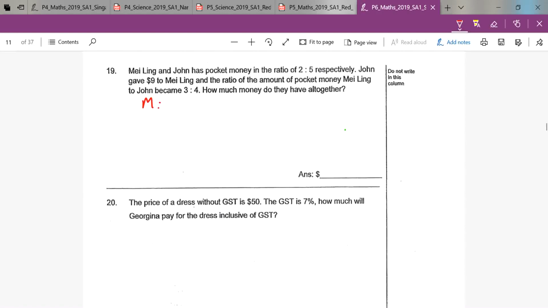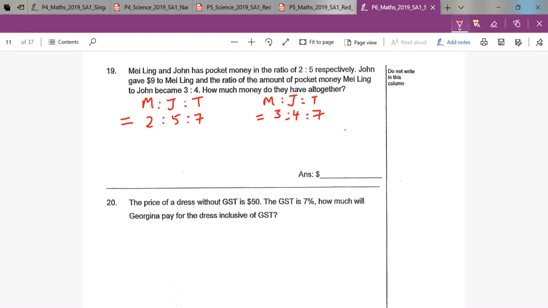Mei Ling is to John is to the total is 2:5:7. And then later on, Mei Ling is to John is to the total is 3:4:7. So 7 and 7, seems like the total didn't change.